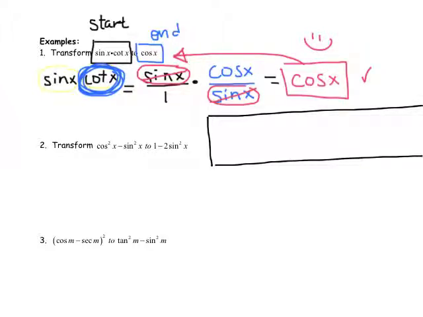The reason I know to do this is that anytime you see a trig squared or even a 1, you're probably going to be using some form of that Pythagorean theorem. You don't know which one it's going to be necessarily, but you're going to be using some form of it. So cosine squared plus sine squared equals 1.